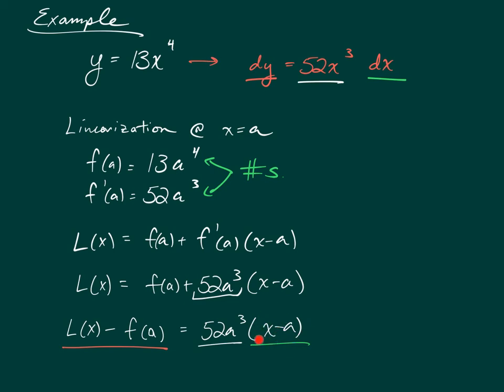Remember, x is the variable or the specific value we want, and a is the approximate one that we were looking at close by. So these dy and dx just end up being very, very small changes in the y variable, or very small changes in the x variable.